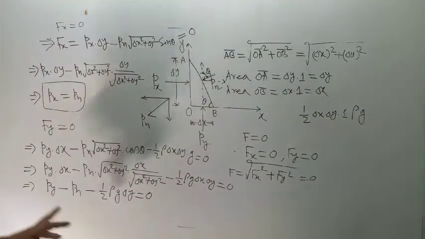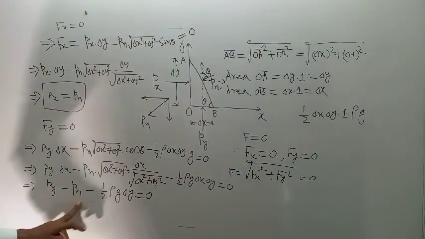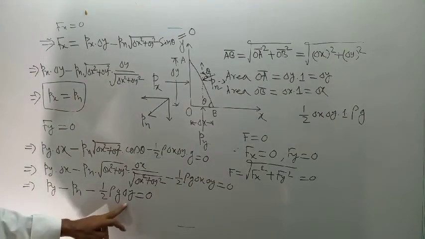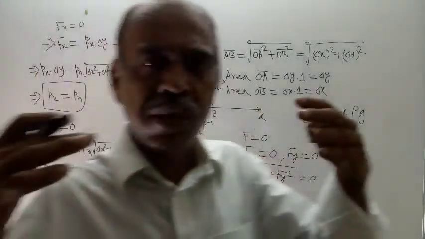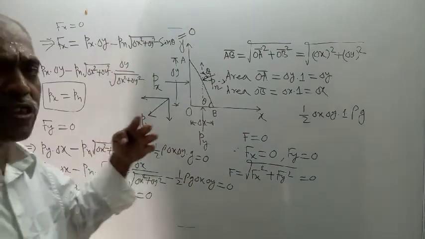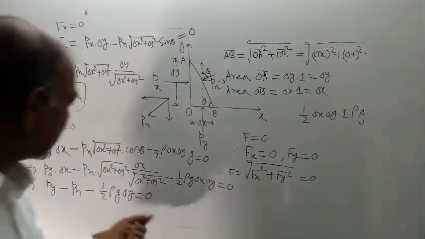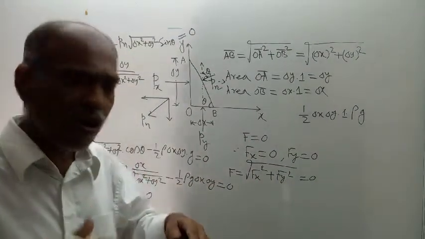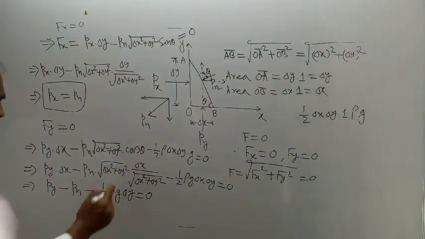Now we can see that Py is finite, Pn is finite, rho is finite, g is finite, while delta y is an infinitesimally small quantity. So when the size of the fluid element shrinks to 0, in that case delta y also approaches 0. So ultimately this term will be equal to 0.